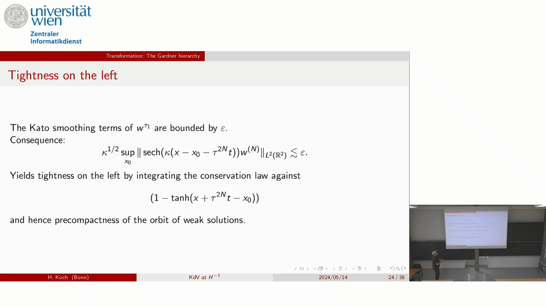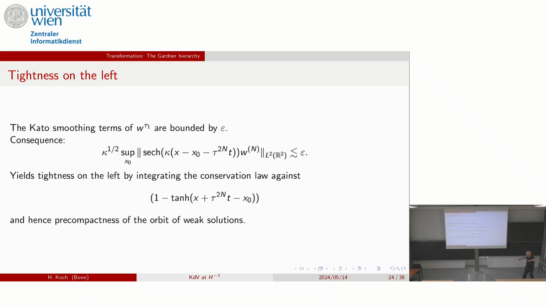So from the Kato smoothing estimate, you get a control of nth order derivatives in the space-time slab, which you can get as small as you like. And now you take a weight which has the opposite sign, 0 at plus infinity, 1 at minus infinity, moving to the left.